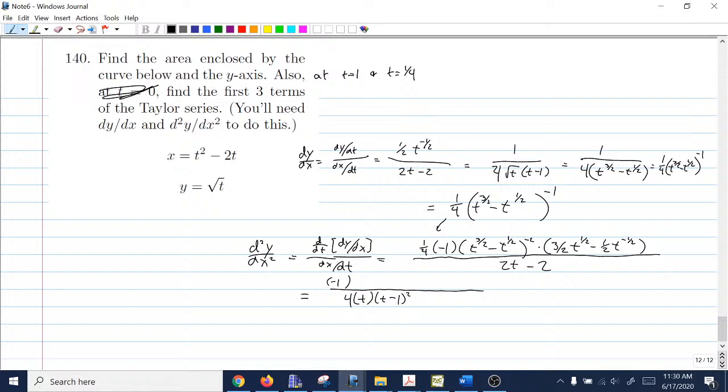On top, I have 3/2 root t minus 1/2 times 1 over root t. I can factor a 1 over root t out of this to clean it up a little bit, but that feels like too much work, so I'm going to leave that alone. On bottom, I have another 2t minus 2. I'm just going to leave it like this. So there's d squared y over dx squared.